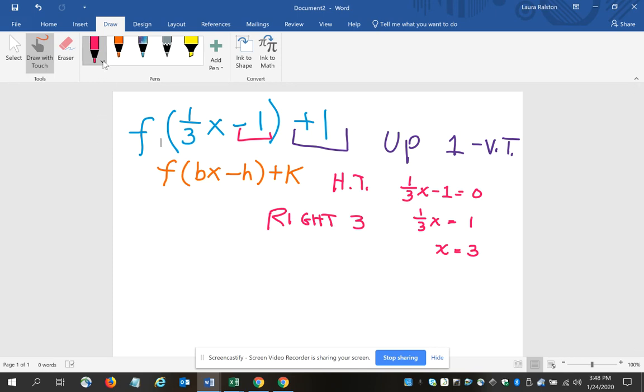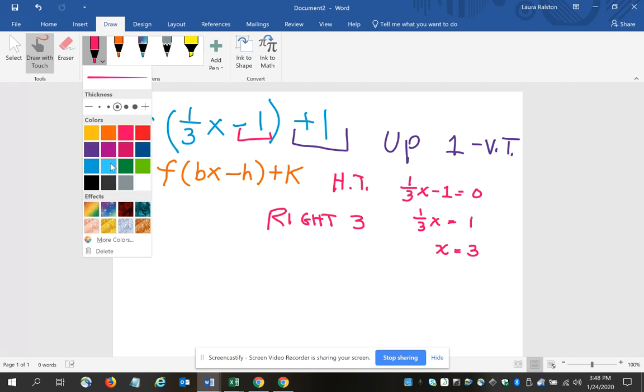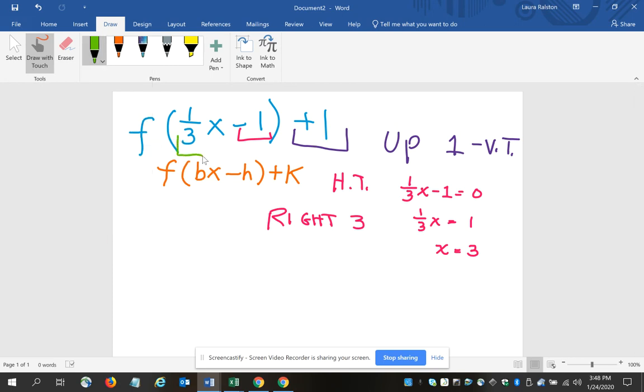The fraction itself, which is 1/3, is paired with the x, so that tells me there's going to be a horizontal, in this case a horizontal stretch, because the value of b is less than 1.